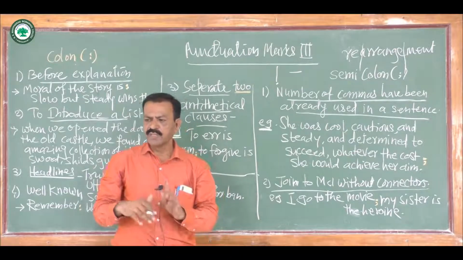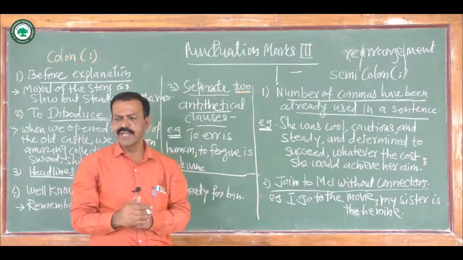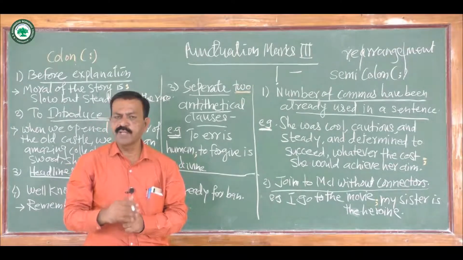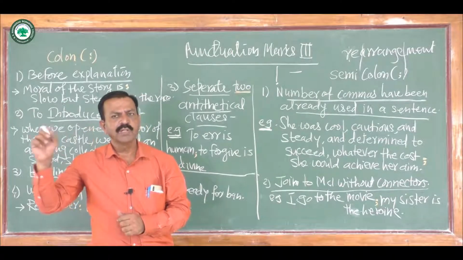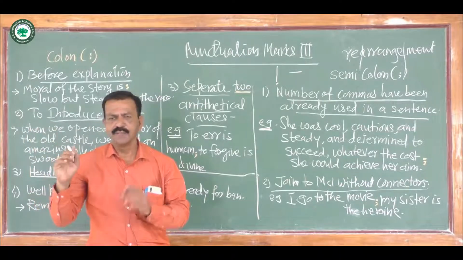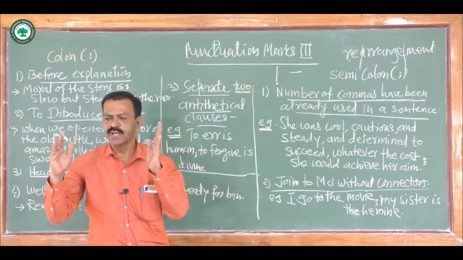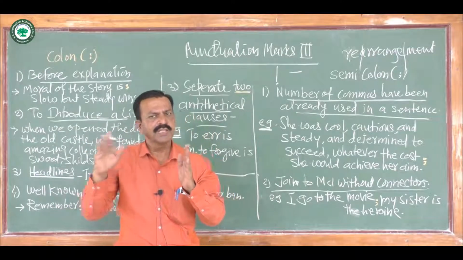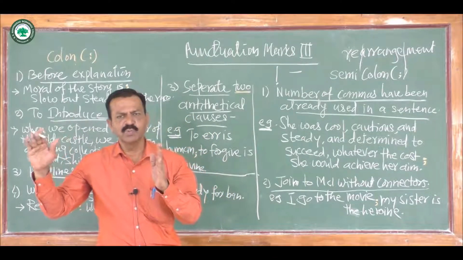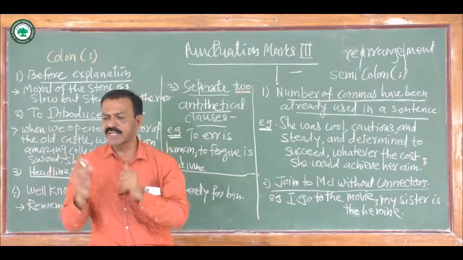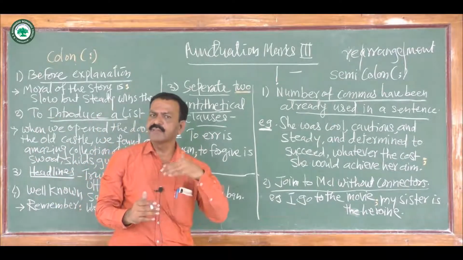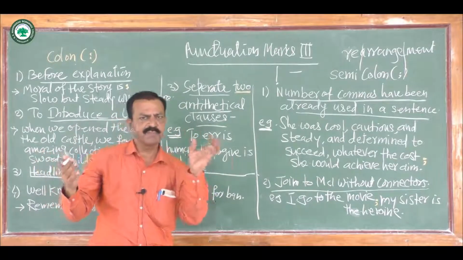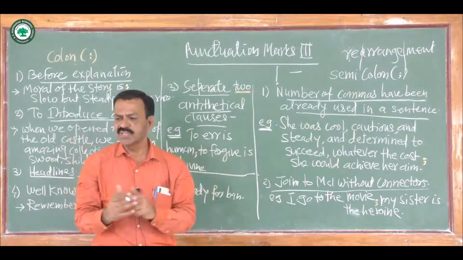Now, when two numbers indicate a span, a hyphen is used. For example, April 1-6 means from 1 to 6, or page numbers 352-62. So this is the span we can see. Or 15th-16th century means 15th century to 16th century.